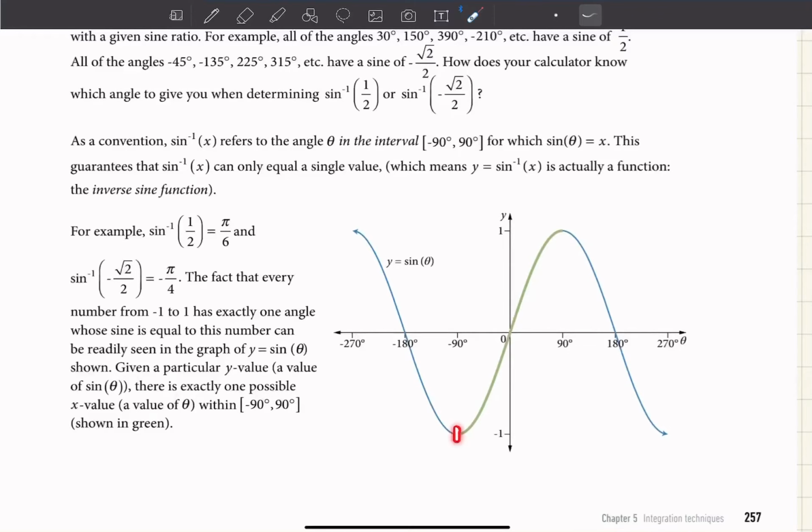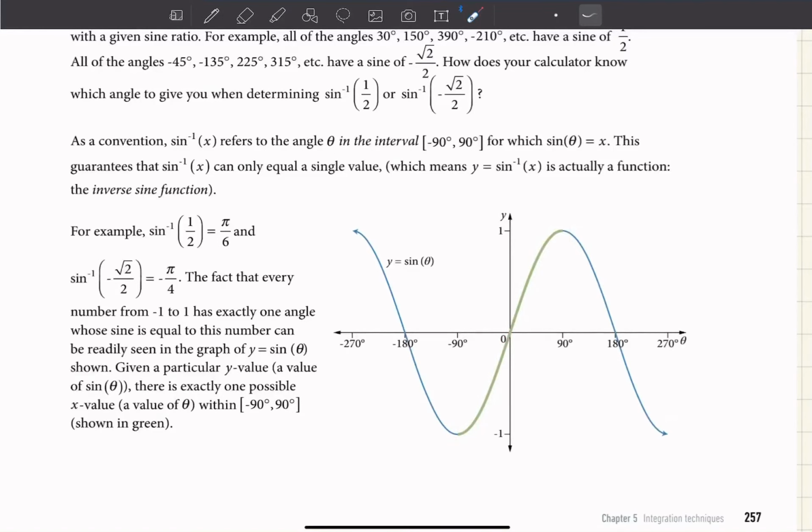That is the domain we are looking at for the inverse sine function. Okay, it is from negative 90 to 90, and what you can see is between these 2 points every single x value is unique, or for every y value there's a unique x value, and that means that this is a function.